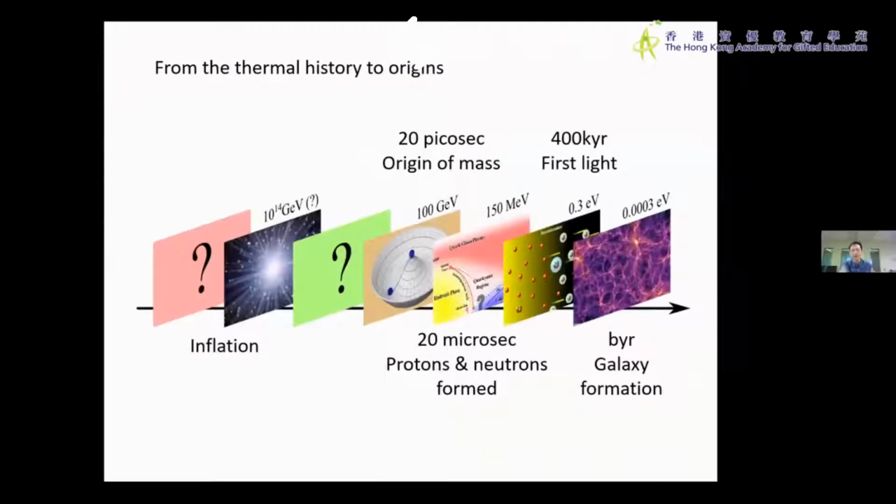And this is what happens in our universe. Originally our universe was in an extremely hot state. Why? Because currently our universe has a small but finite temperature, 3 Kelvin. Then think about the past of the universe and track back in time.